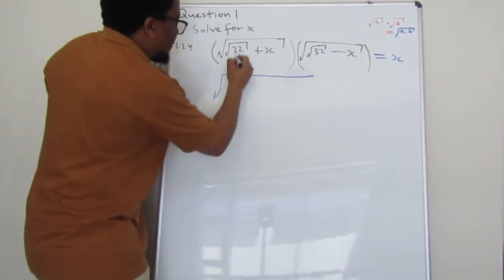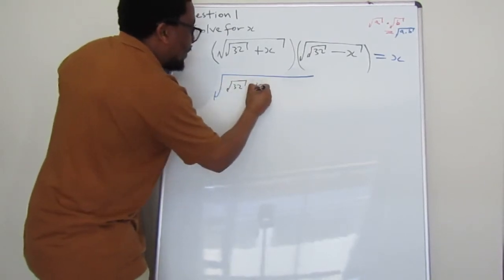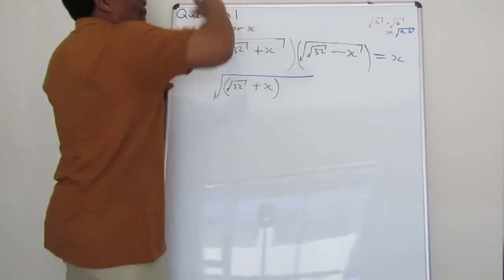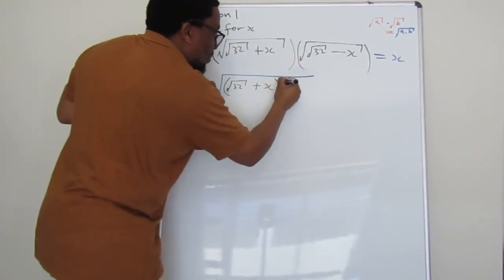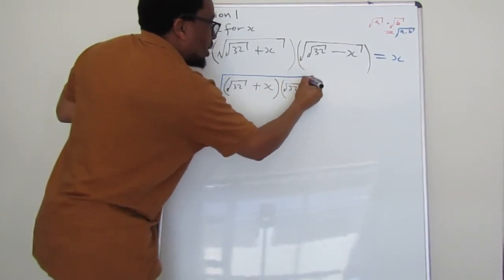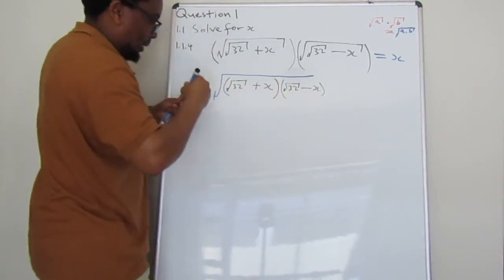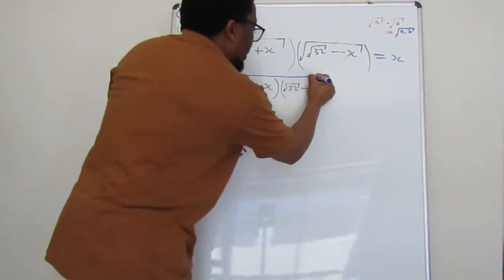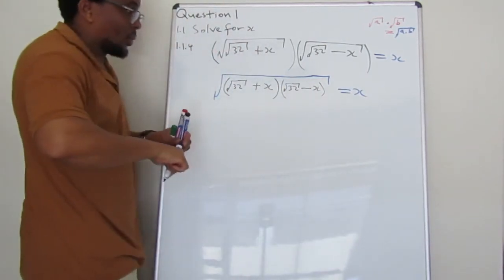Inside, I have the square root of 32 plus x, in brackets, because I am bringing this inside, multiplied by the square root of 32 minus x, close brackets. This is equal to x. This is beautiful. I love this.